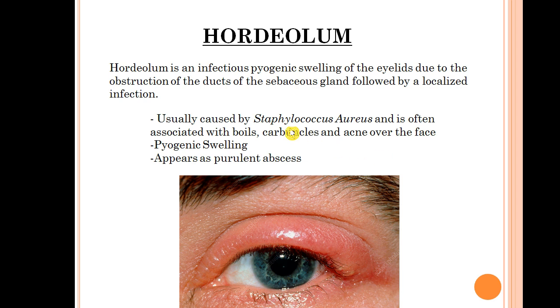As you know, the Staph aureus also causes all these skin lesions, that is the boil, carbuncle, and acne. So since it is an infection of the Staph aureus, this will also be associated with that, and the patient will give history of that as well. Moreover, the swelling that appears in the hordeolum will be a pyogenic swelling, and it appears as a purulent abscess since it is forming pus.